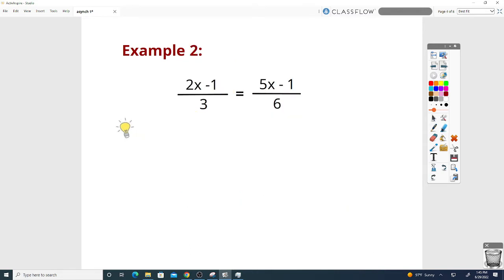Let's go for another example. In this example as well, we have a fraction equal to another fraction, so trick number 1 should apply as well. Here as well, I want you to take a few seconds and think about the result of the cross multiplication for this example.